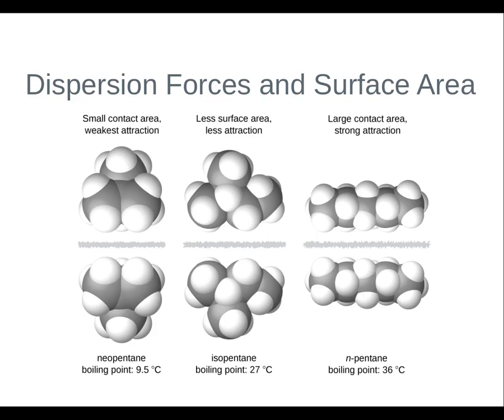There are molecules that have the exact same molecular weight, but they're put together differently. What we have here on the far right is pentane. Pentane is made out of 5 carbons, and I'm drawing what we call the condensed structure. I'm not drawing out the CH bonds, I'm condensing them. It's a nice straight line, all in a row, so it's going to have a large amount of surface area.